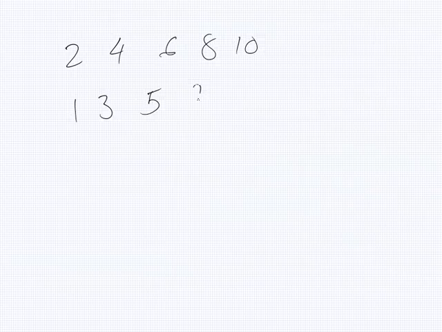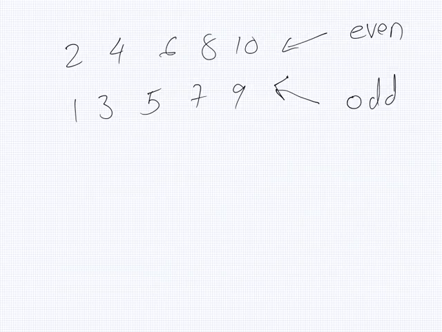Let's see. These numbers 2, 4, 6, 8, 10, and 1, 3, 5, 7, 9. They have names. Does anyone know? I don't think so. These are called even. And this one, do you know it? It's called odd. Even and odd, yeah.